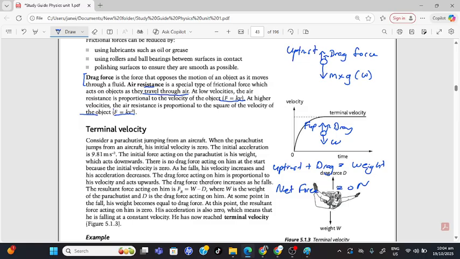No, the raindrop is going to move the same way, but it's going to move at what we call a constant velocity. And this constant velocity is called terminal velocity.